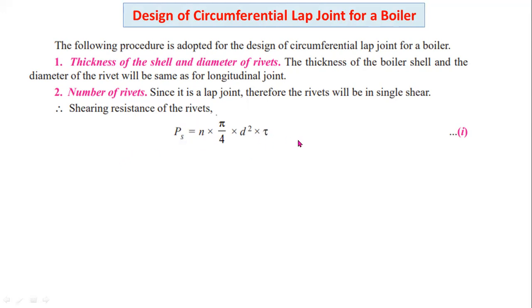PS is the shearing strength or shearing resistance, n is the total number of rivets, pi/4 d square is the cross-sectional area of the rivet, and tau is the shear stress induced in the rivet material.